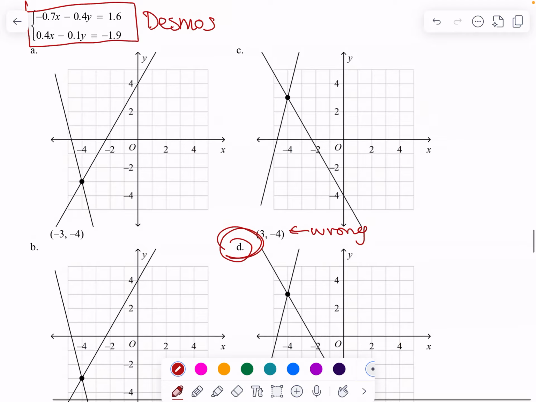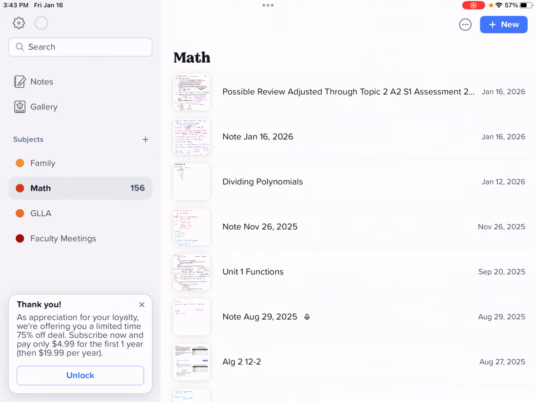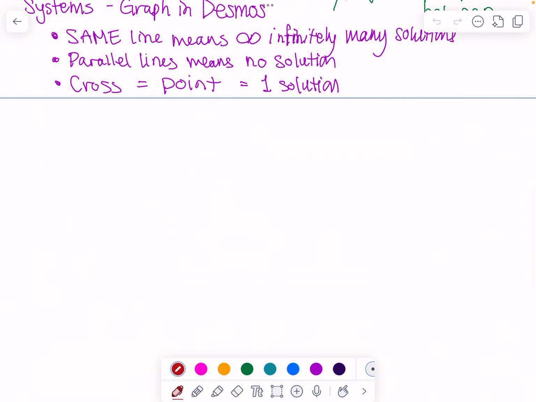Okay, so back on our notes that we've been making, what I would put for the notes is, I'm going to do this one up here, because it's the same. But I'm going to do it with systems: make sure the point matches.